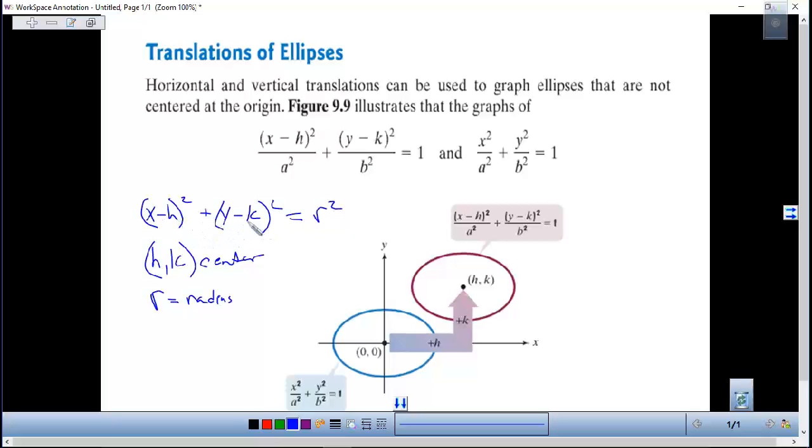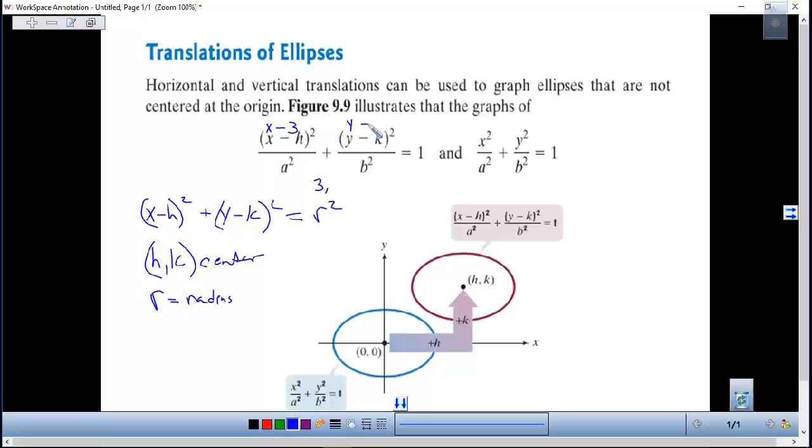Now, all that you're going to do with this is shift h left or right and k up or down. So when you pull it out of here, you're going to change the sign. So if this had been x minus 3, it's actually going to have a center at x equals 3.